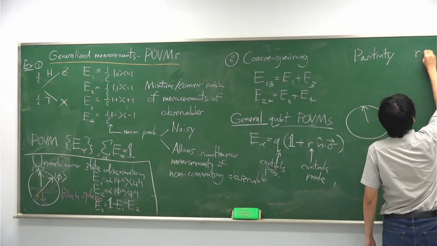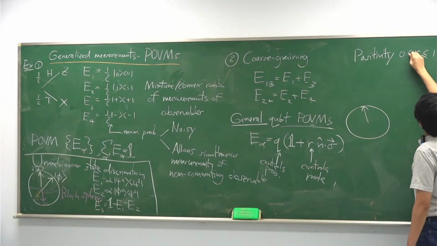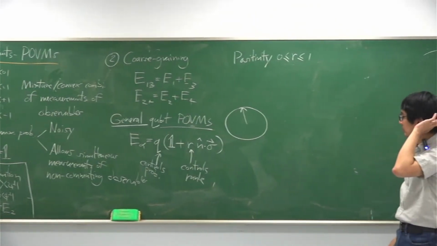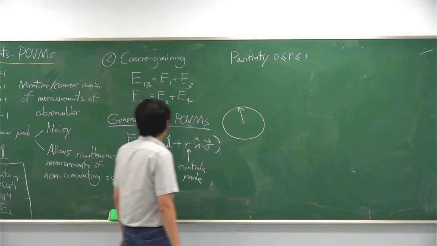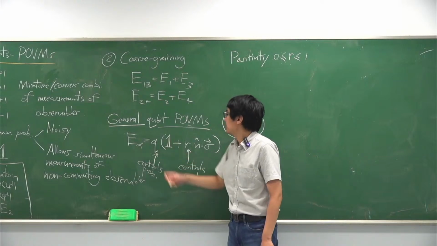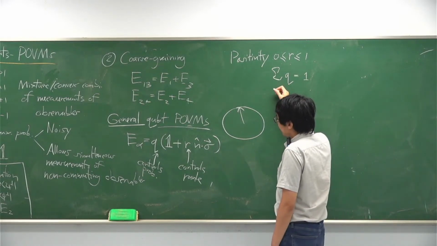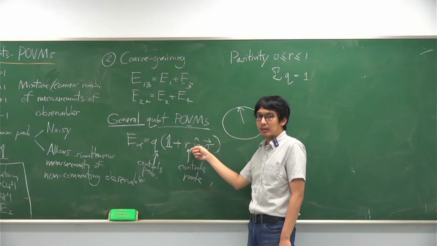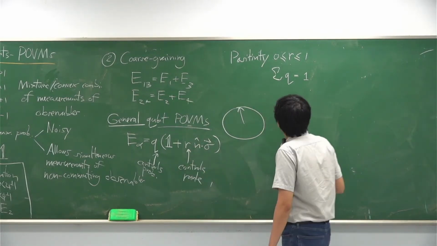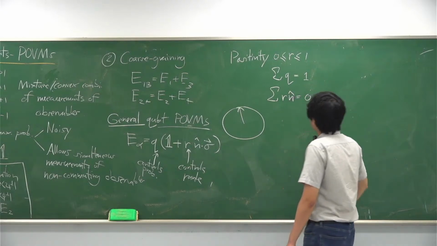And because the E alpha must sum to the identity, the scalar coefficients must sum to 1 as well, whereas the vectorial coefficients in front of the Pauli parts have to cancel, right? So the vectorial sum must be 0.